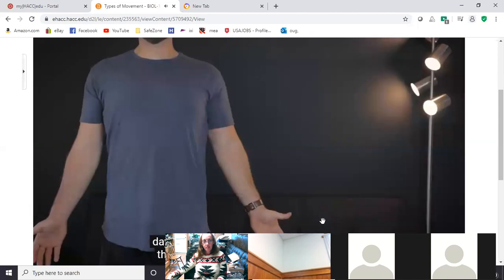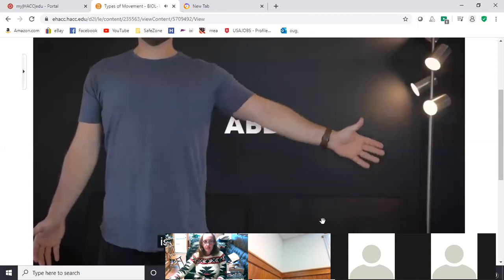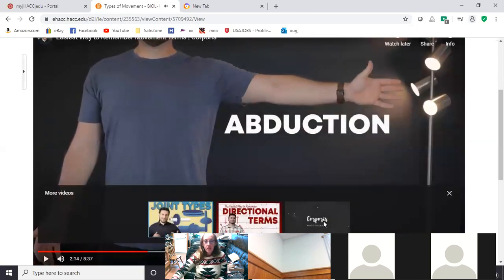Let's start with abduction, which is movement of a joint away from the midline of the body. So you guys, what does it mean to abduct a child? When you think of a child abduction, what are you thinking about? A taking away of that child from the family or from the parents.